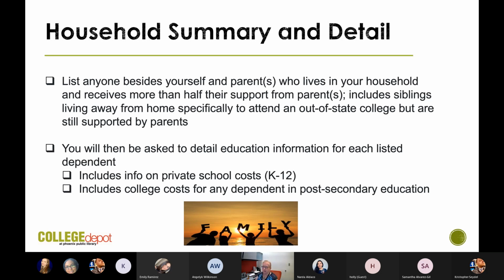Anybody else in my household, another sibling, anyone else who is depending on my parents for their support, get listed here. So now I've told everyone that he is my sibling, and based on his date of birth, they're going to want to know some things about him.